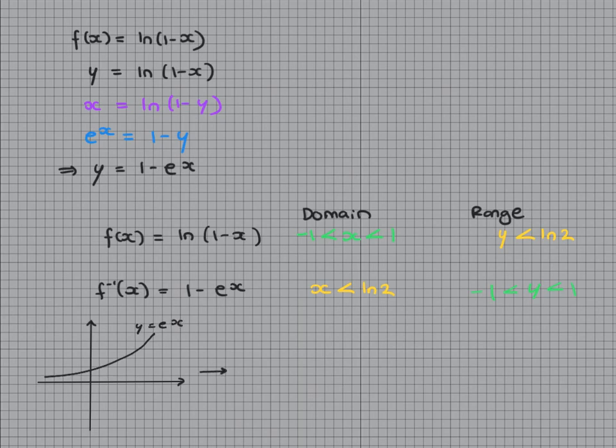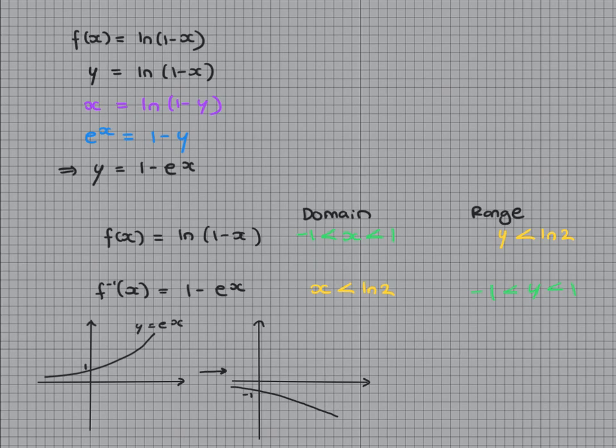Now, what about negative e to the power of x? Well, that is a reflection in the x-axis. So that will, of course, look like this. There was a y-intercept of 1 there, and that's now a y-intercept of -1.